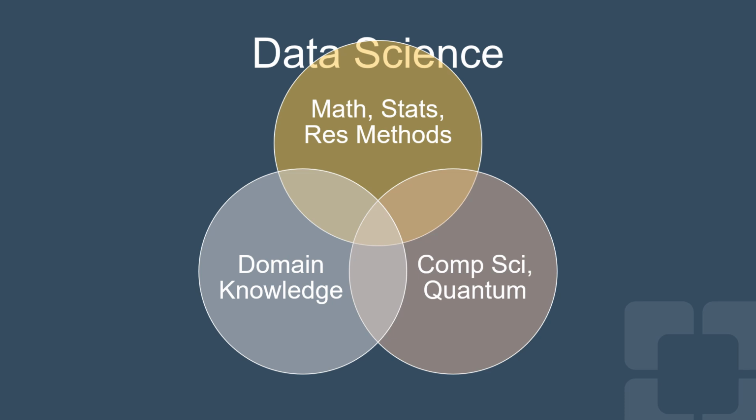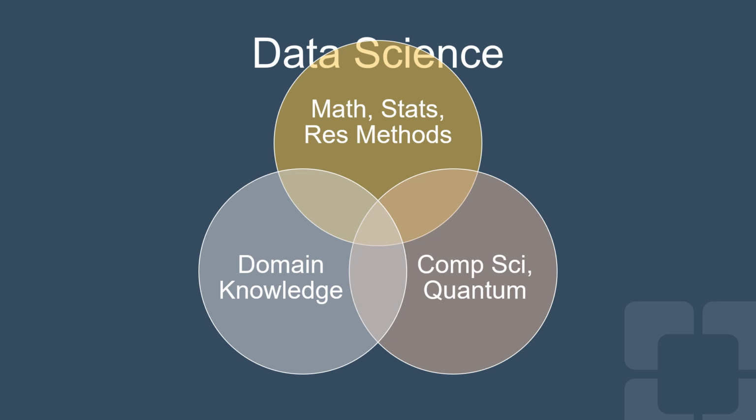So most experts have domain knowledge in a specific area. That is the first circle. The second circle of the Venn diagram is mathematics, statistics, and research methods. And the third circle of this Venn diagram is computer sciences, including quantum.